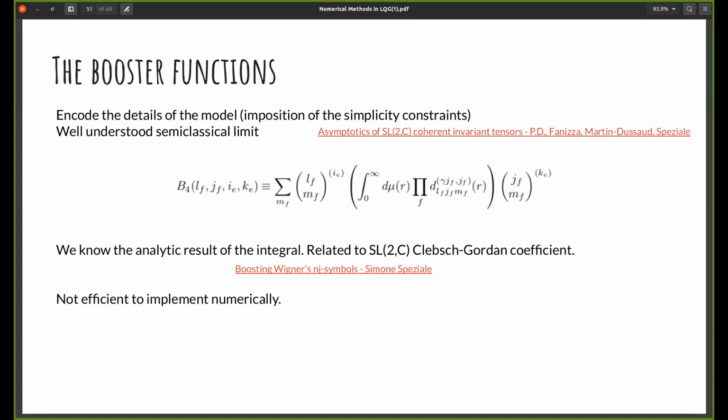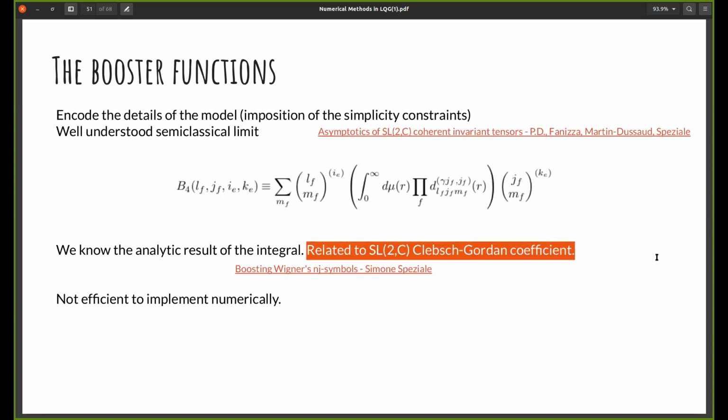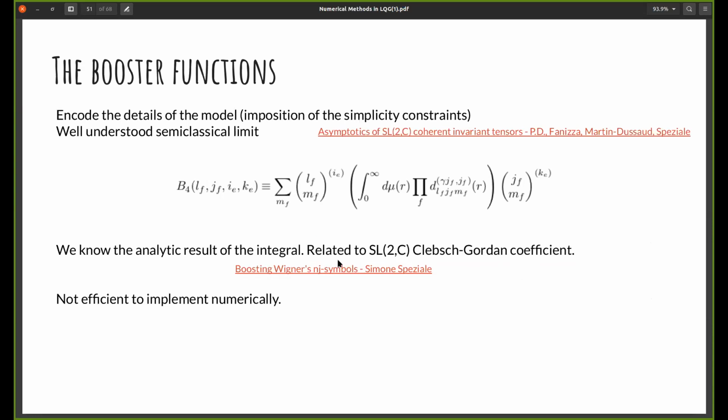So to answer the question that was posed before in chat, yes, these integrals are convergent, but the convergence is non-trivial. We know that they're convergent because they're equal to SL(2,C) Clebsch-Gordan coefficients that we know are numbers. They have an explicit form that you can go and read in this paper if you want, and in the Russian literature in the 70s.